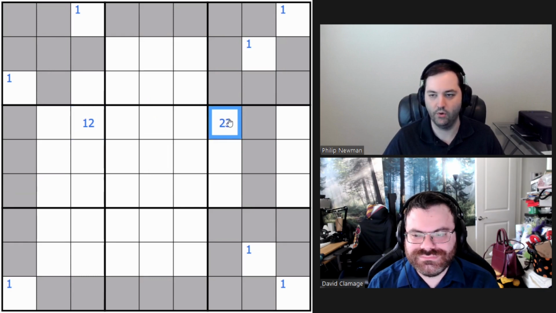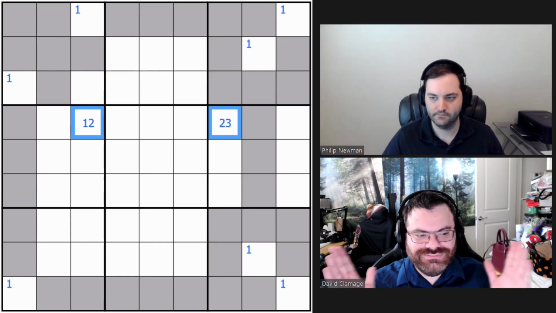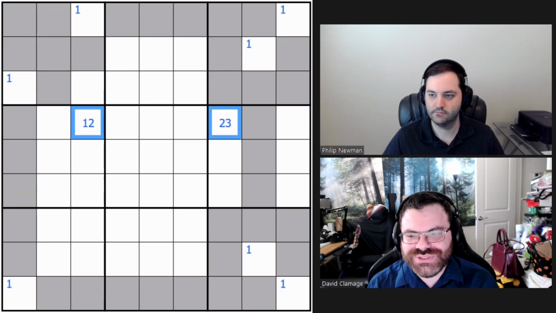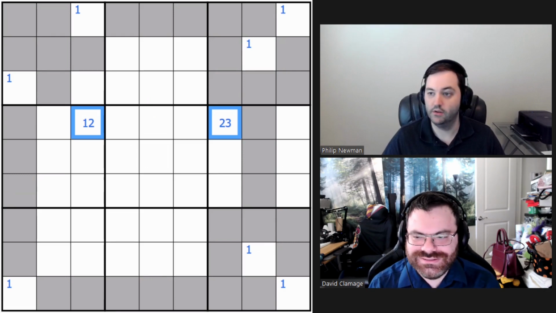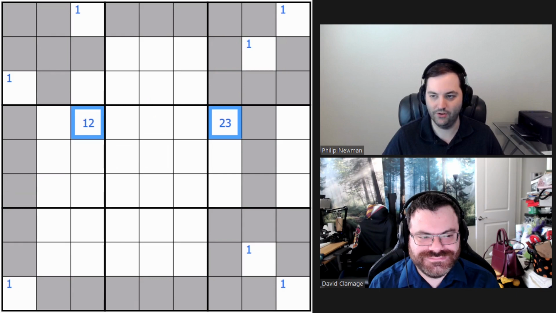Yep. So either this is a 1 or this is a 3 or both, but there is a strong link between those candidates. And this can get much larger than 2 cells. Right. Now, you have to be careful using ALS strong links for oddagon logic. Interesting. Okay. I don't know that it even works.